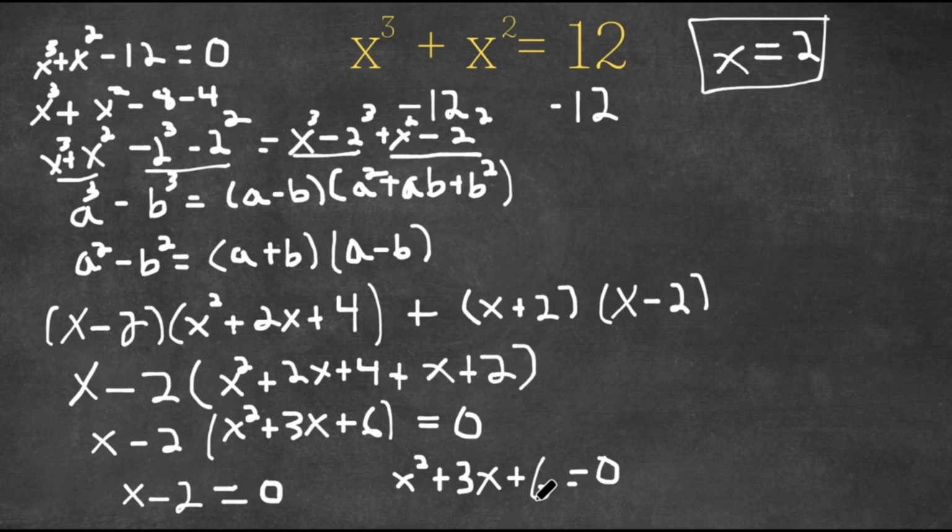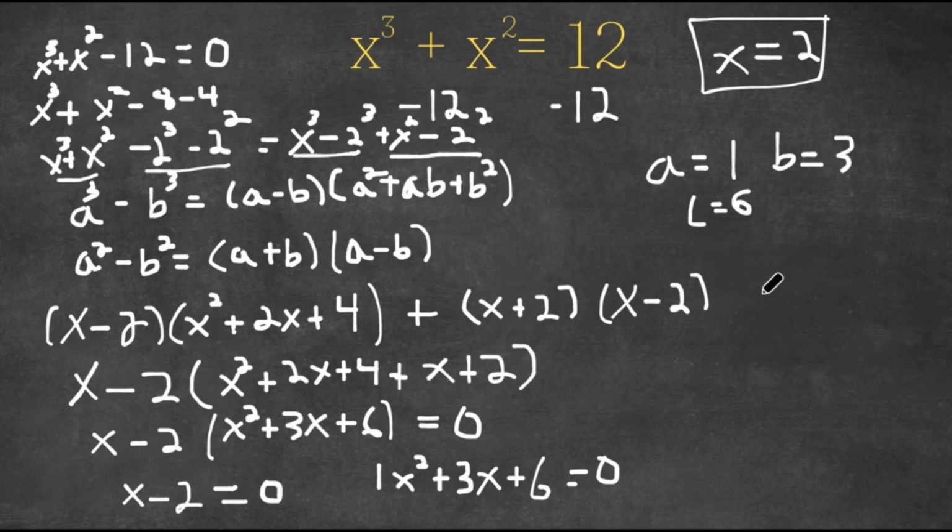Now for x squared plus 3x plus 6, we're actually going to be using the quadratic formula. So a is 1 because the coefficient of our first term is 1. b is 3. And c is 6. So now we're simply going to plug these into our quadratic formula.